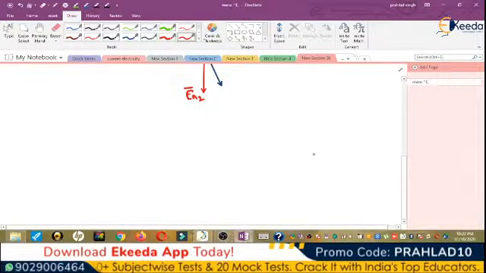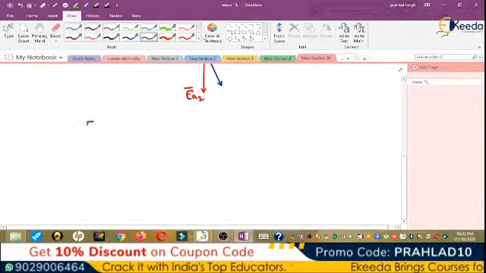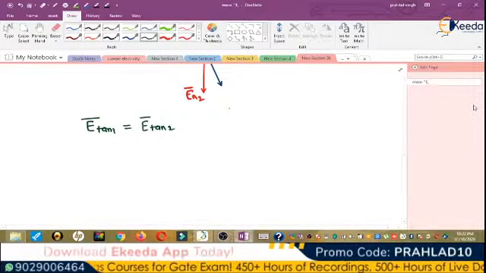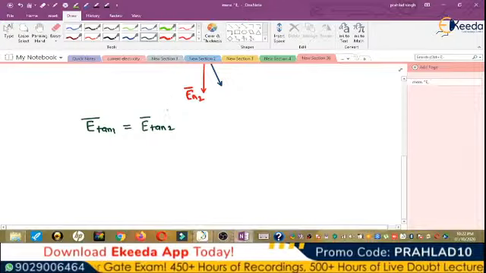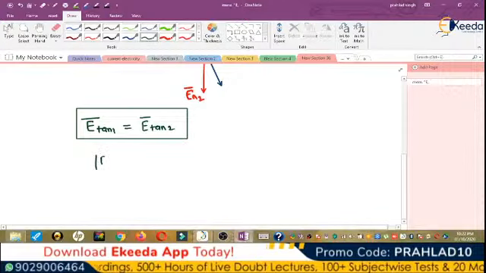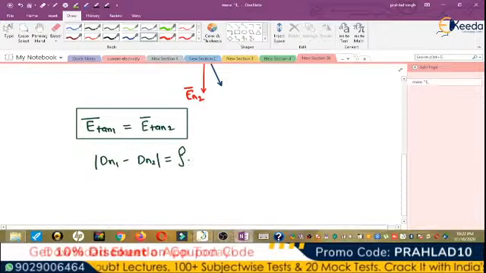So we define the boundary conditions here, and the conditions are: the tangential components in both the mediums are equal for electric field. So this is the first boundary condition. Et1 is equal to Et2, and mod of Dn1 minus Dn2 is equal to rho s.